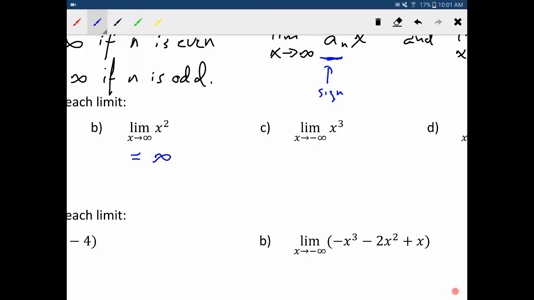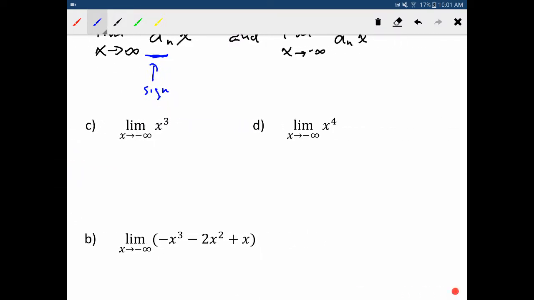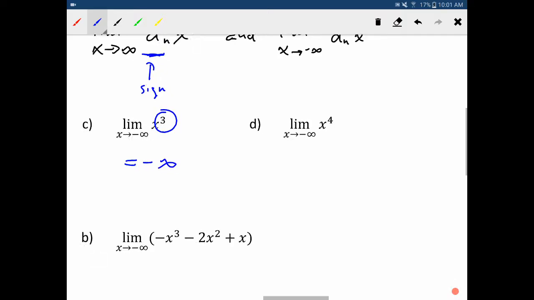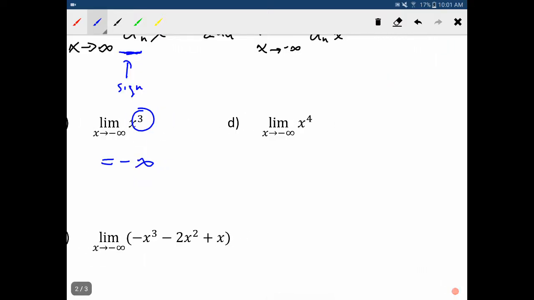No tricks there. Similarly, for x cubed, now we're approaching negative infinity. It's odd, so as we approach negative infinity, this is going to equal negative infinity. And as we approach negative infinity, because this one is even, it is going to equal positive infinity.